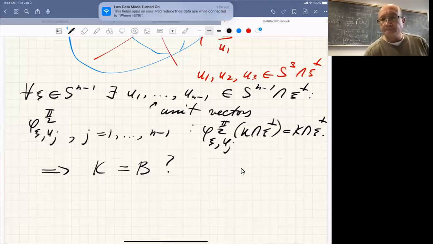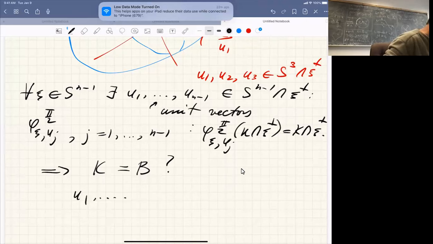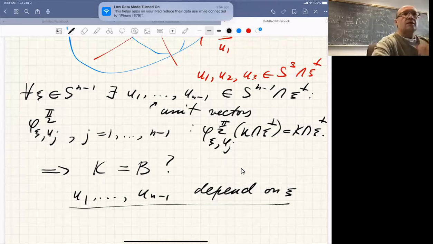So we can try, of course, to repeat the previous argument, even if U1 through U_{n-1} somehow depend on Xi. But even if the dependence is continuous or smooth, I still have no clue how to repeat the previous argument. This is the point. Somehow this is not easy at all.